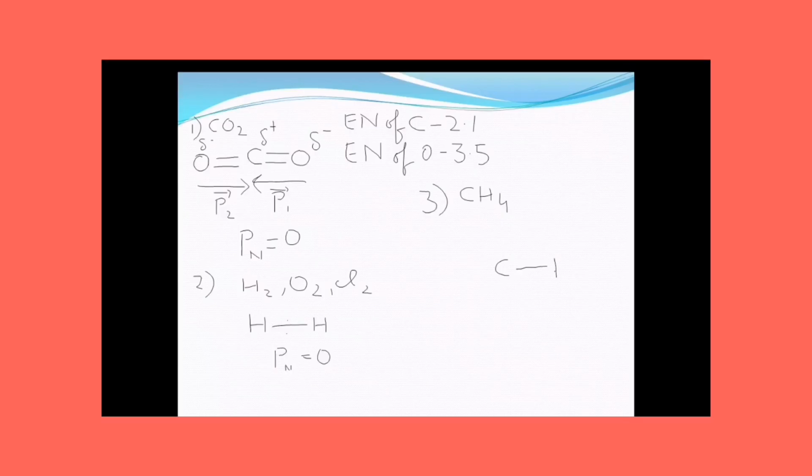C, and H, 4 atoms of H. Now electronegativity of hydrogen is equal to 2.1. Electronegativity of carbon is 2.5. Just make a correction: electronegativity of hydrogen is 2.1.